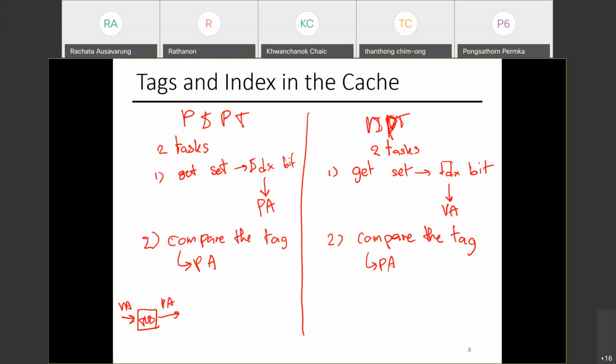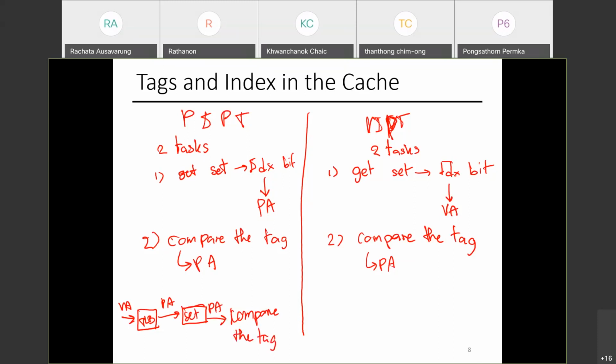This PA is then used to get my cache set, and then you use PA again to compare the tag.